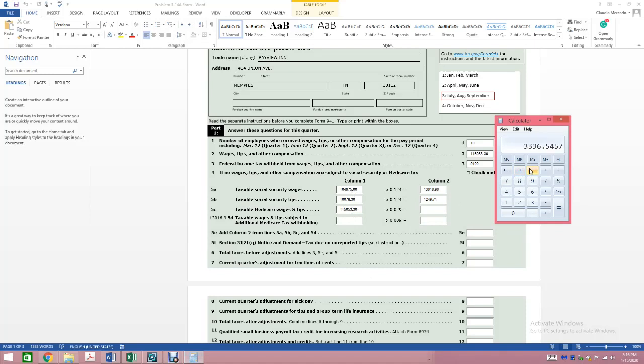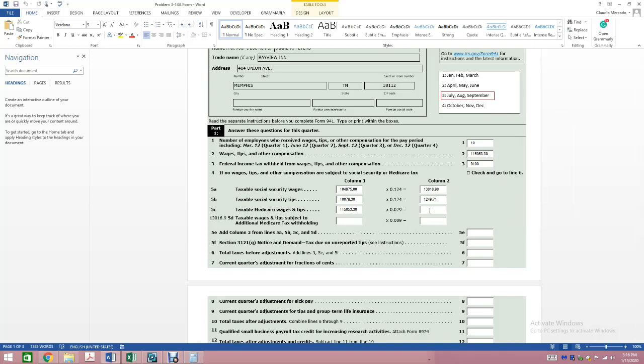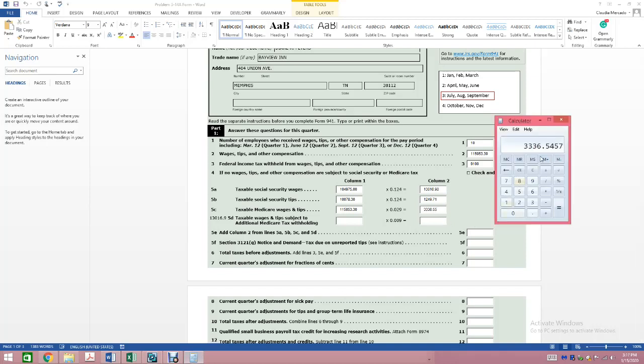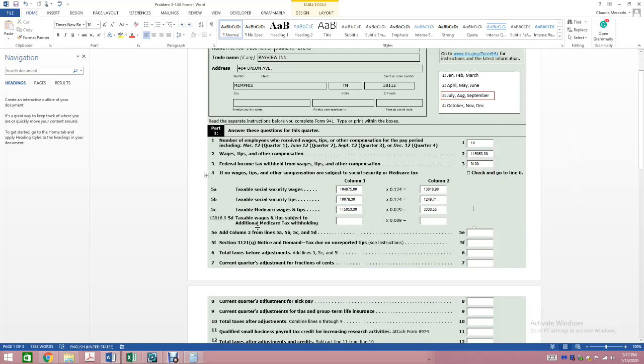That gives you 3,336, and then 0.545. Because this is a 5, I'm going to round up to 55. $3,336.55. Yes, I got it right.